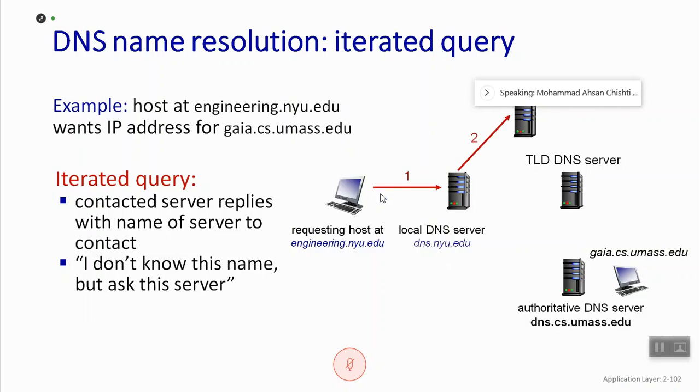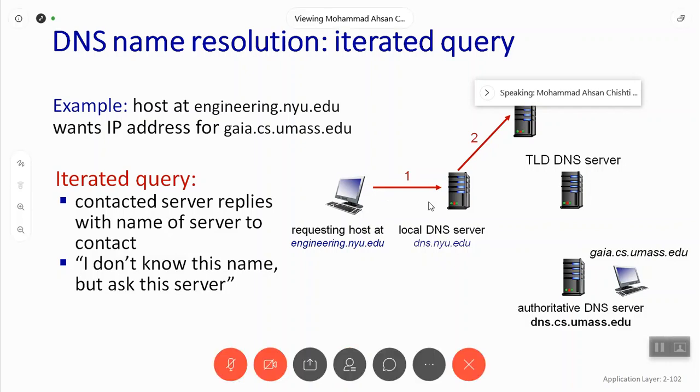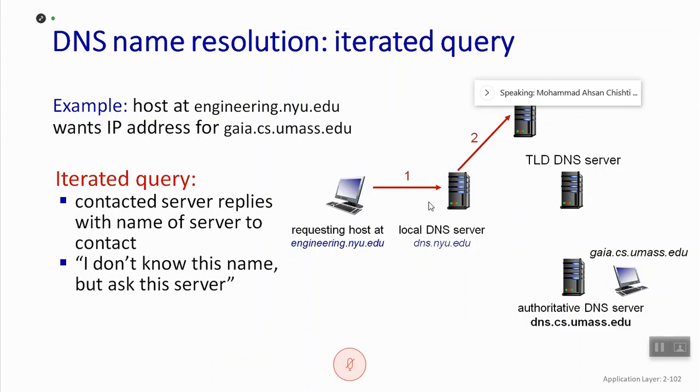The local DNS has two options here. There would be either a hit or a miss. If it has this available, it would reply back. But if it's not available there, it would go to the root DNS server, saying, I don't know this name, but I'll ask the server.